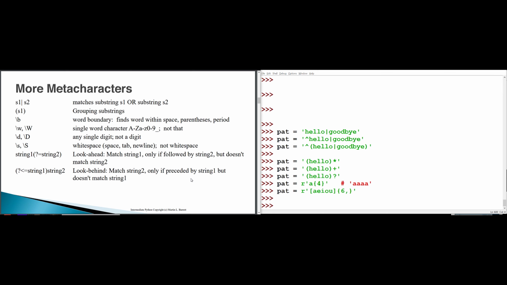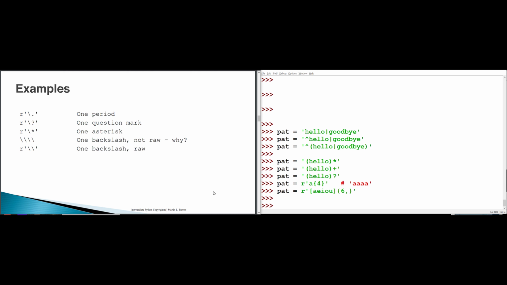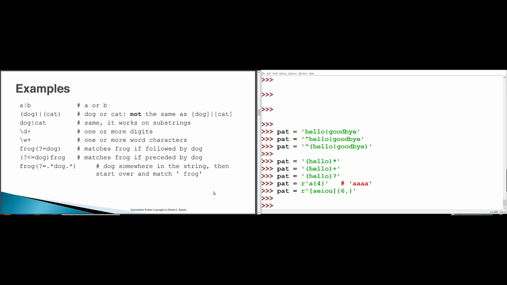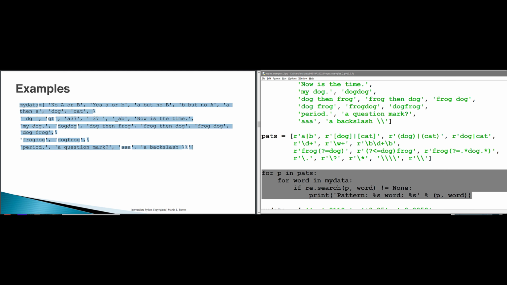Okay, so we're going to begin with these example patterns on slides 7 and 8 in this lengthy collection of data possible matches. So let me copy and paste that stuff.